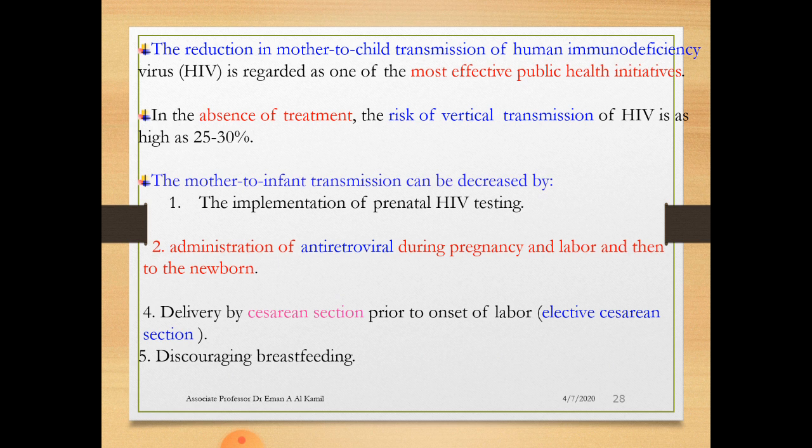So mother to infant transmission can be decreased by the following. First, by implementation of prenatal HIV testing. That means every woman should have screening for HIV testing before pregnancy.